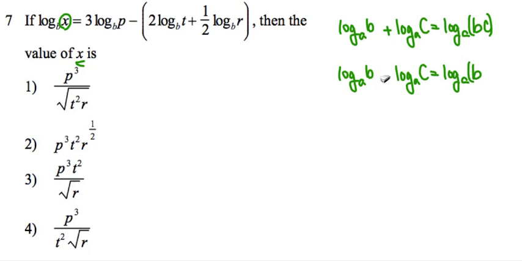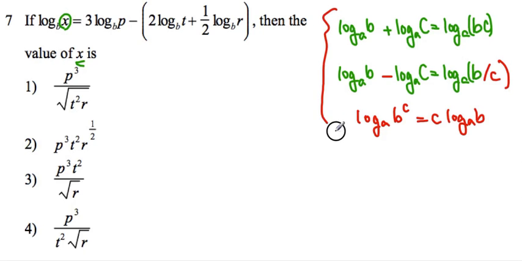If they are subtracting, then we have to divide by c. One more thing is, if I have log base a of b, and then c is the exponent of b, then in that case c will come to the front and multiply the logarithm. And those are the three basic rules which you have to realize.